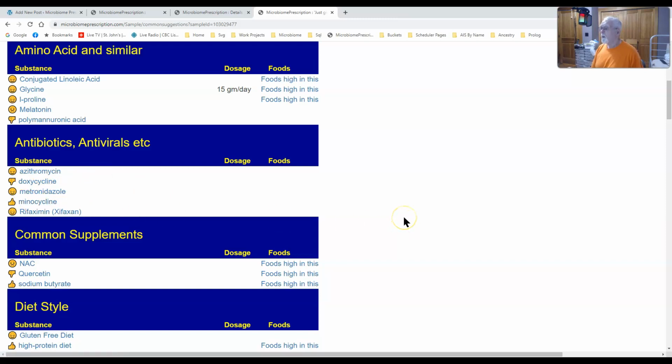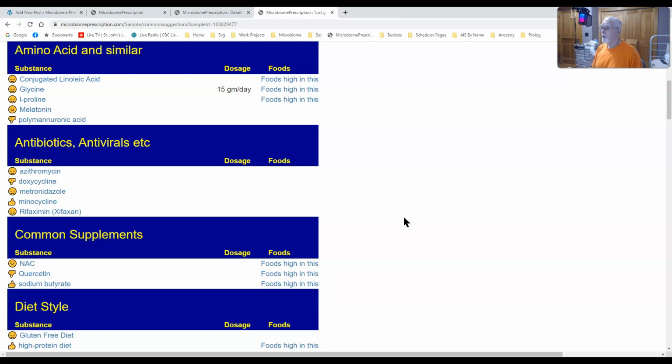Minocycline is possible, but as I indicated in the study, antibiotic resistance is very, very likely, because this particular strain is known to develop antibiotic resistance based on having had other antibiotics recently.